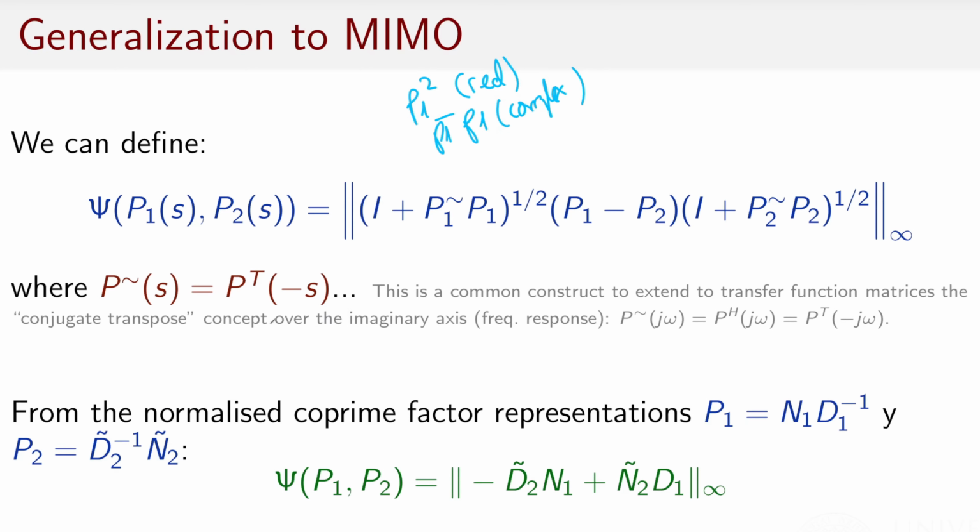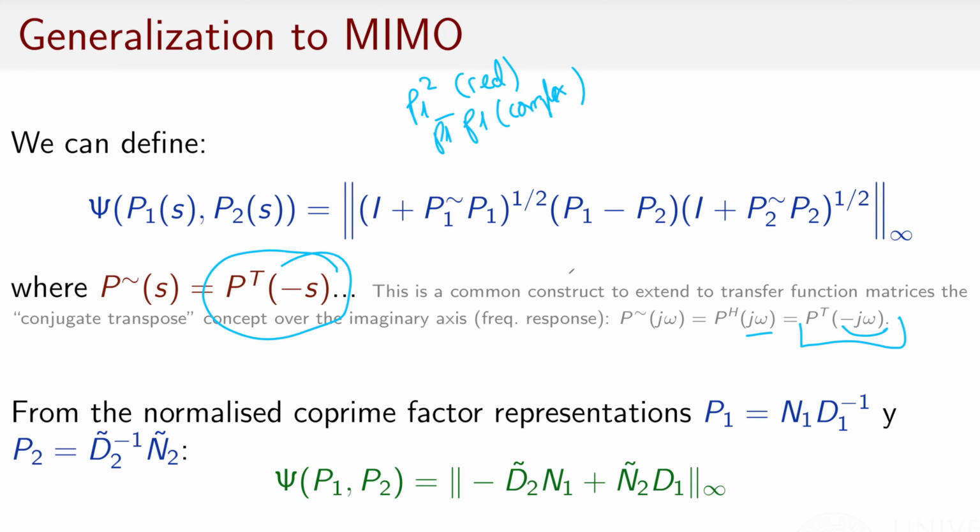If I have a dynamic system, then if I transpose it and change the sign of the Laplace variable, then its frequency response, it's P transposed at minus j omega, which is the conjugate of the frequency response. So this is a clever, widely used trick in order to manipulate magnitudes and power spectral densities of multivariable plants.